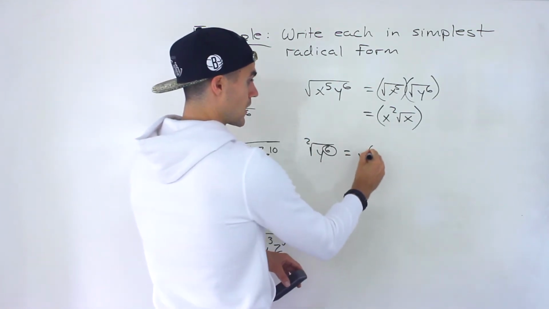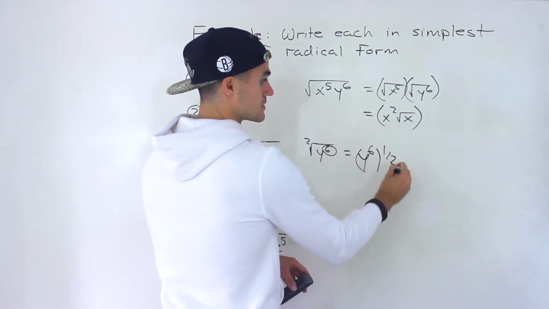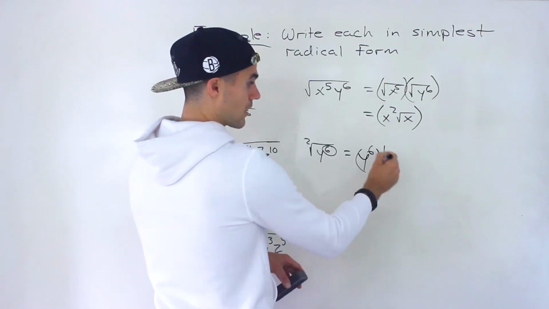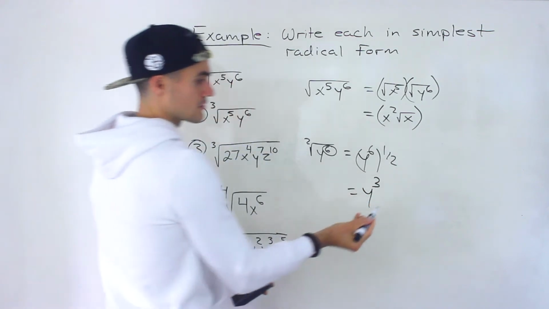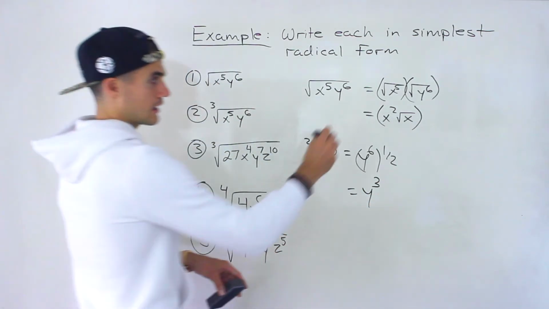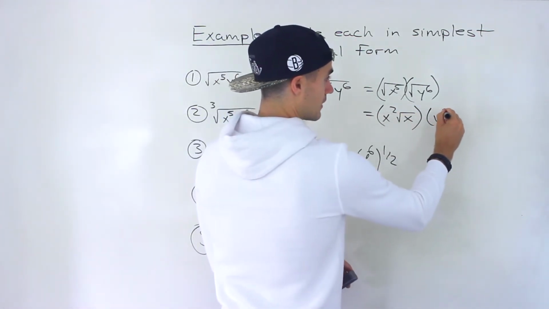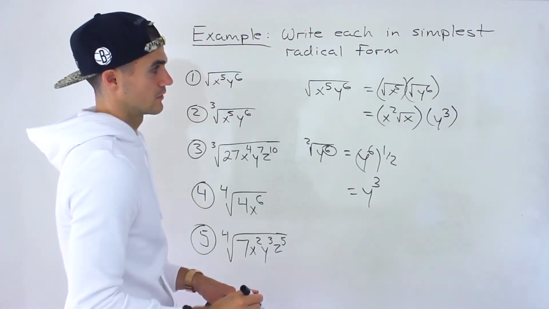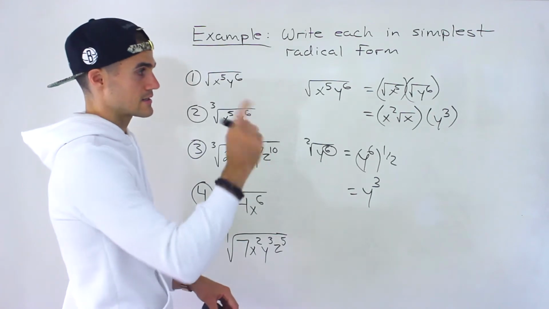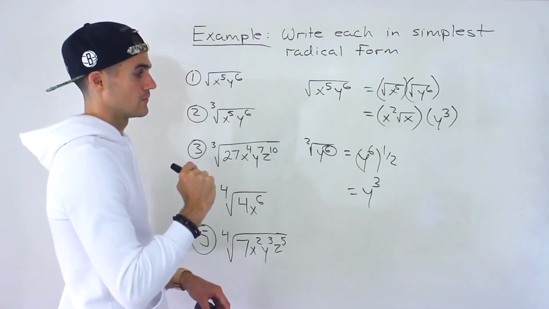So we can take this y to the 6 and rewrite it as y to the 6 to the power 1 over 2. And then 6 times 1 over 2, that just gives us 3. And so this here is going to end up being y to the power of 3. Right? The square root of y to the 6 is y to the 3.